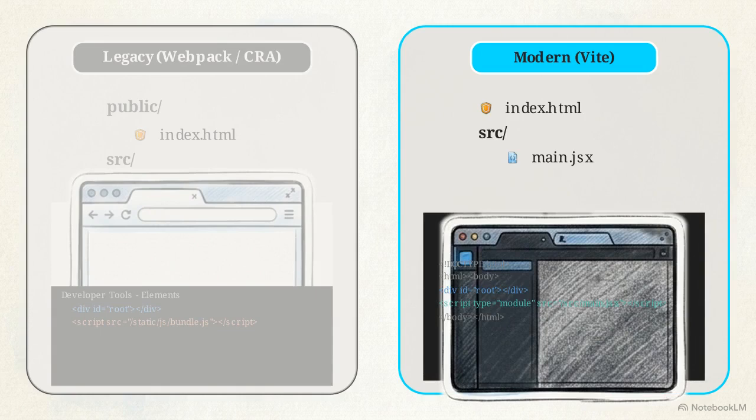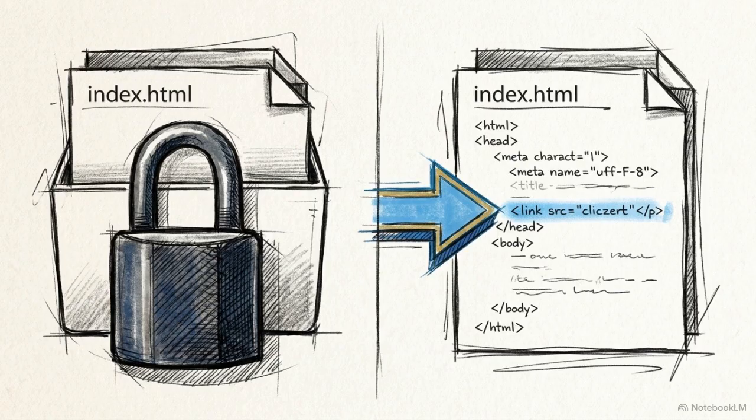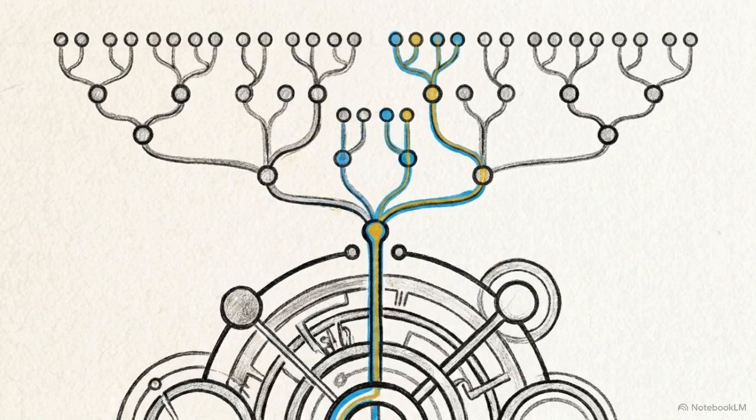Instead of concealing the execution, Vite explicitly declares the main JavaScript module directly inside the HTML source file. This distinction dictates the developer's mental model. One hides the injection point, while the other shows exactly where the static file summons the logic. Exposing the injection script removes technical ambiguity, revealing the application's actual architecture.